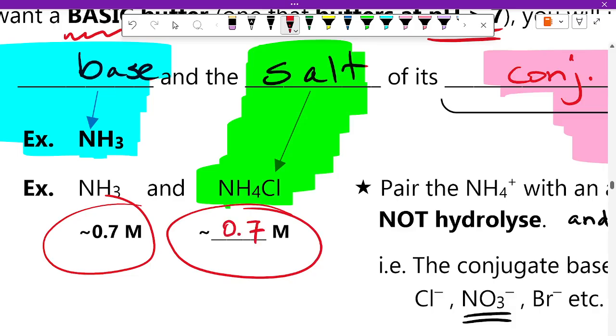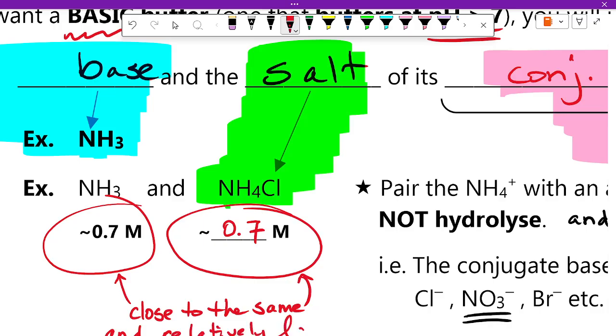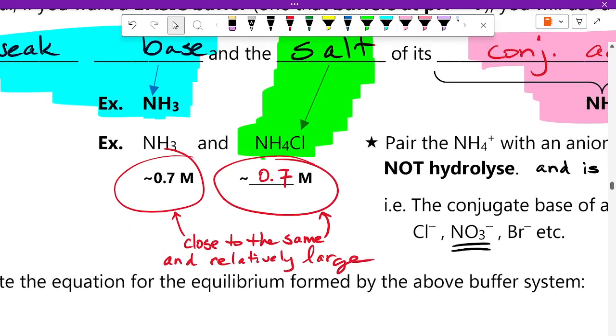You want them to be approximately the same, and relatively large. Please write the equation for the equilibrium formed by this buffer system.